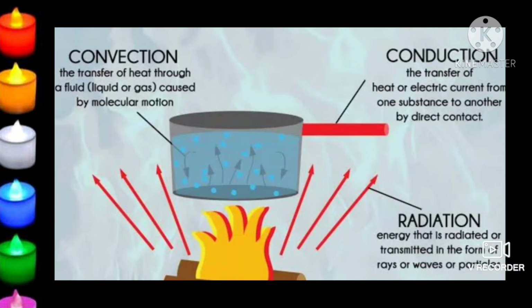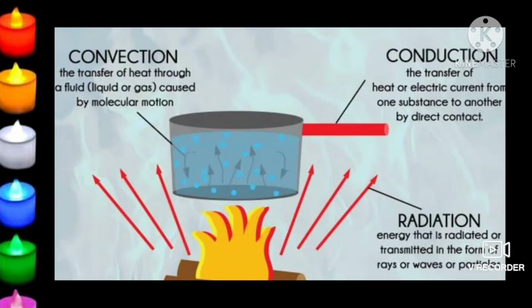So the colder particles always move towards the hotter region, and hotter molecules move towards the colder region. So this is convection: the water that gets heated in the lower place moves up, and the water present on the upper surface of the vessel moves down.